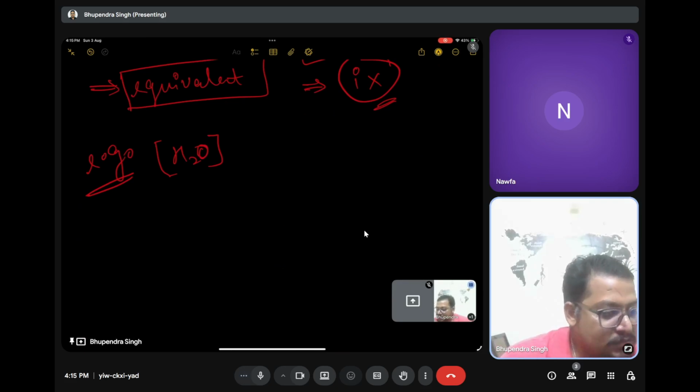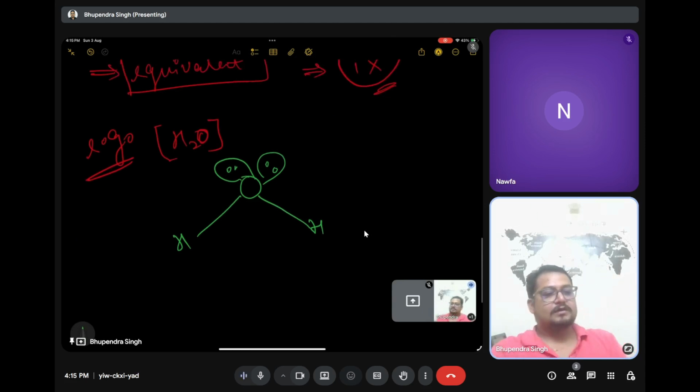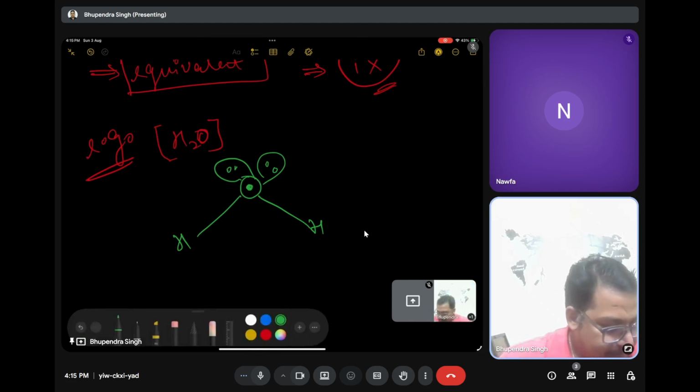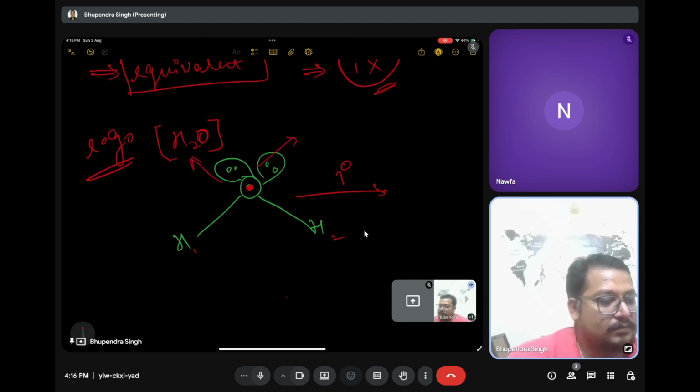So let's draw the correct structure of water again. This is the structure of water. Now if someone wants to apply the point of inversion, say I, so I am taking the inversion center here. What will happen? This H1 will go this side, this H2 will go this side.